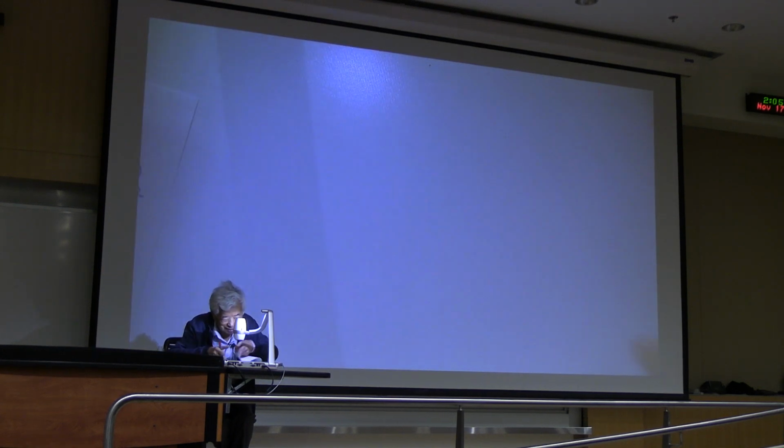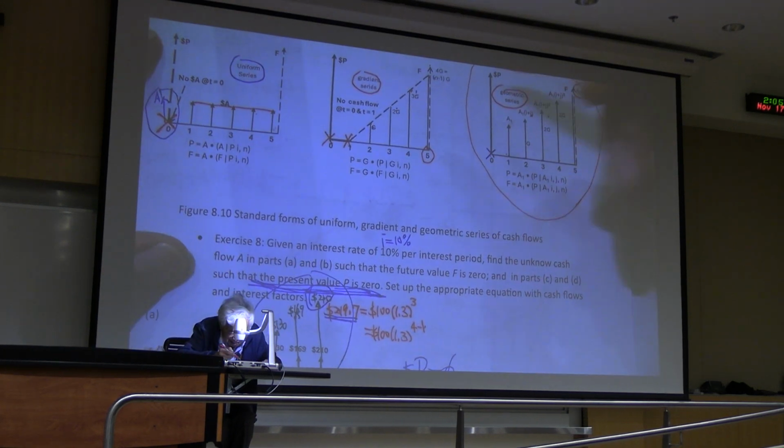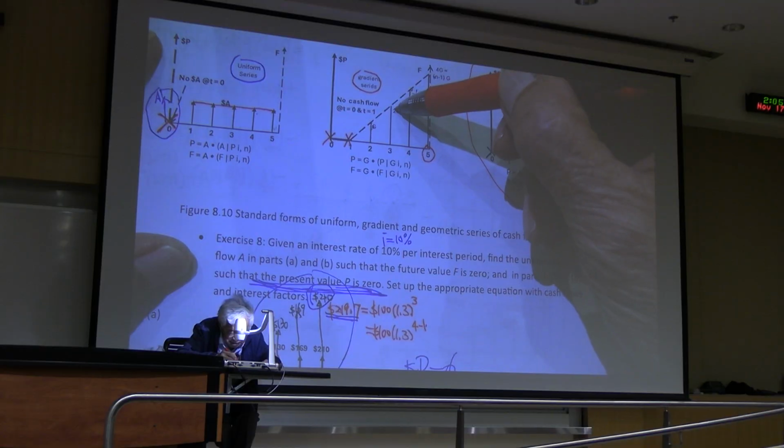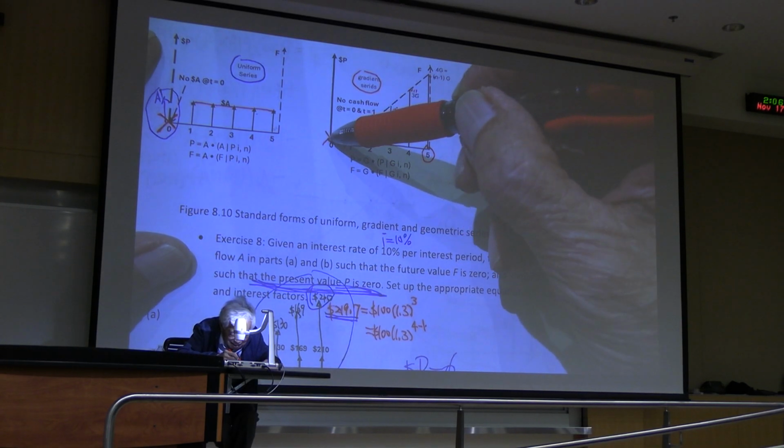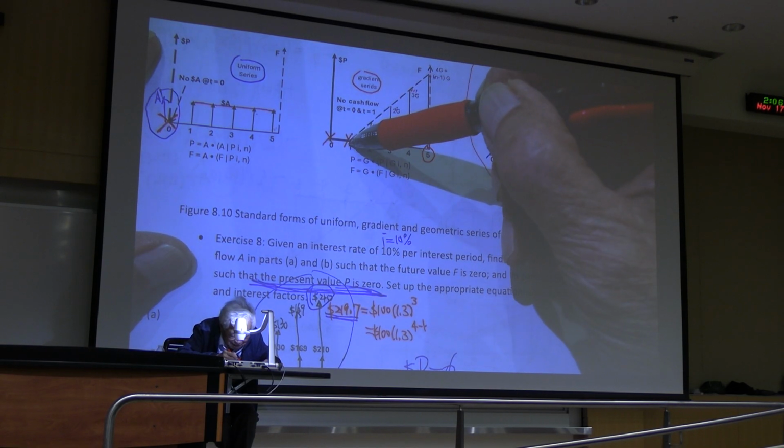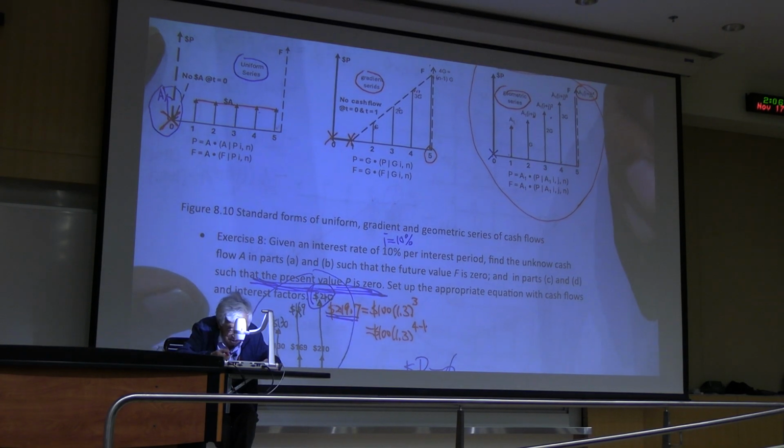You look at the gradient series, G, 2G, 3G, 4G. Pay attention to having no cash flow at interest period 0 and 1. Why do I mention this?